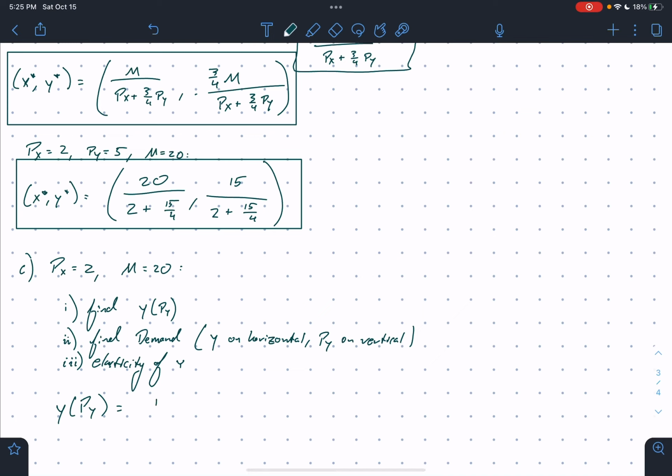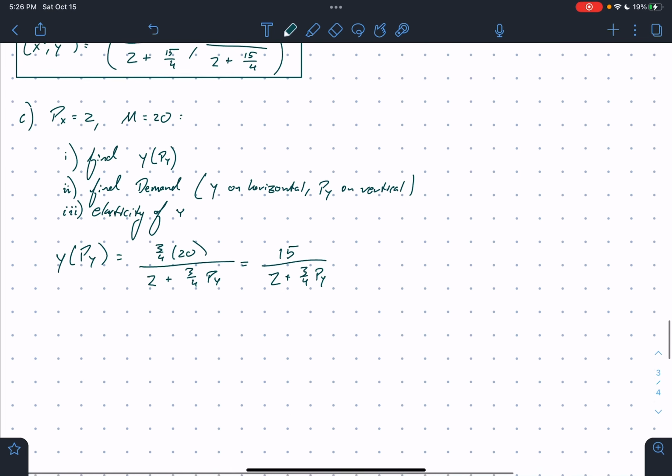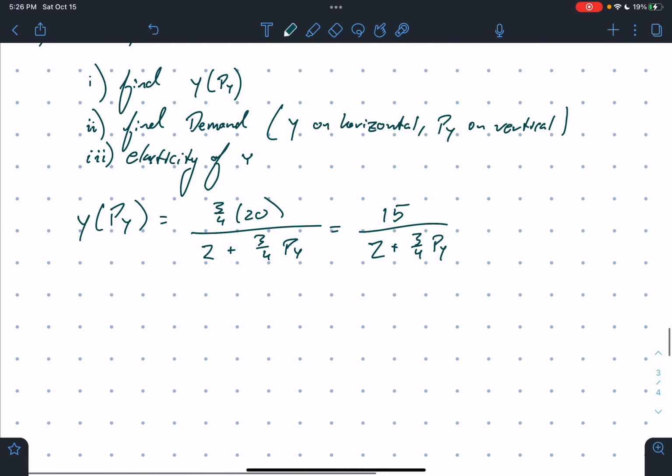So it's 3/4 times 20 over 2, because px is 2, plus 3/4 py. And I can simplify this. It's just going to be 15 over 2 plus 3/4 py. So this gives us y, the optimal consumption of y, as a function of py. Sorry, I didn't mean to erase that.